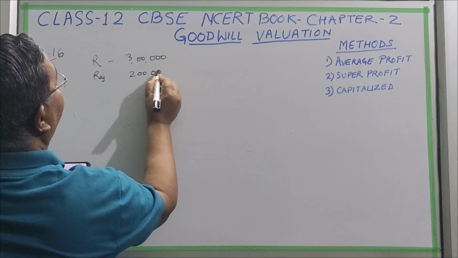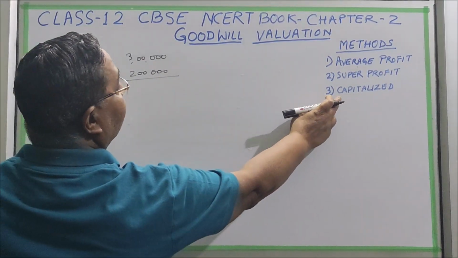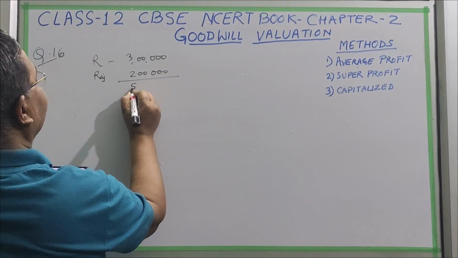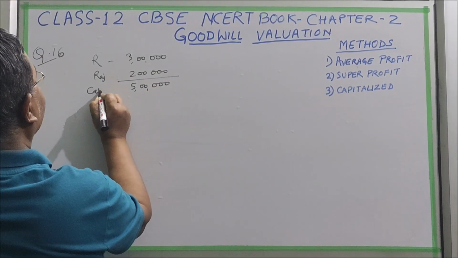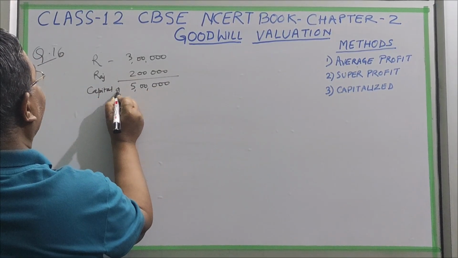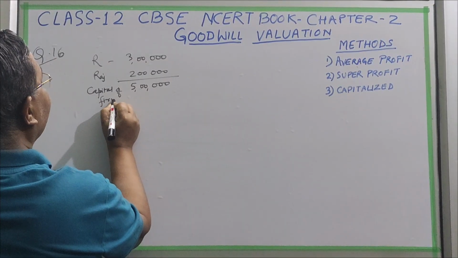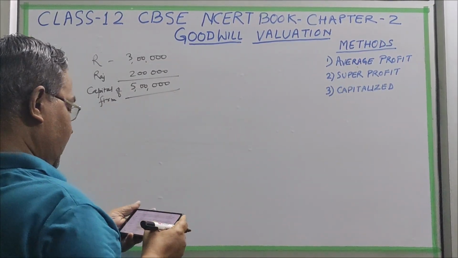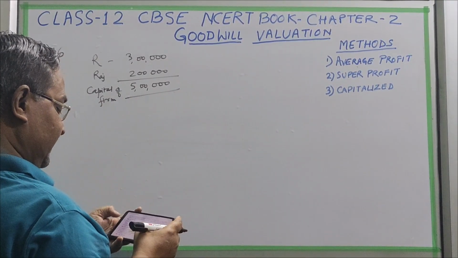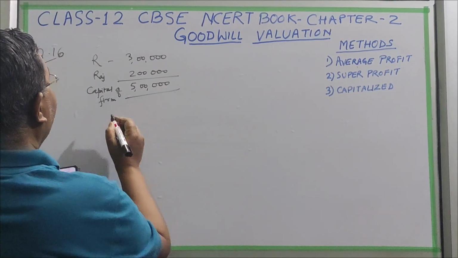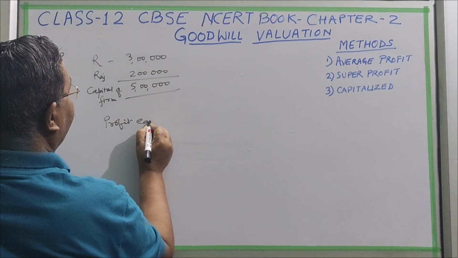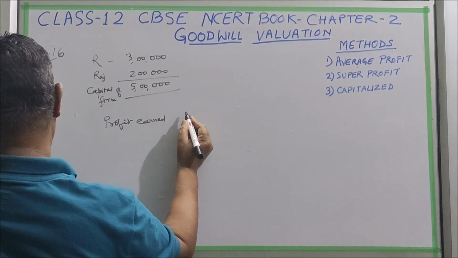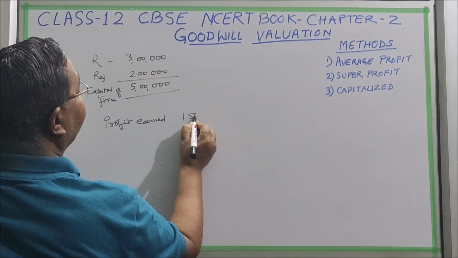Now we are talking about the third method. So 5 lakhs is the capital of the firm. During the year 2015, the firm earned a profit of 1,50,000.